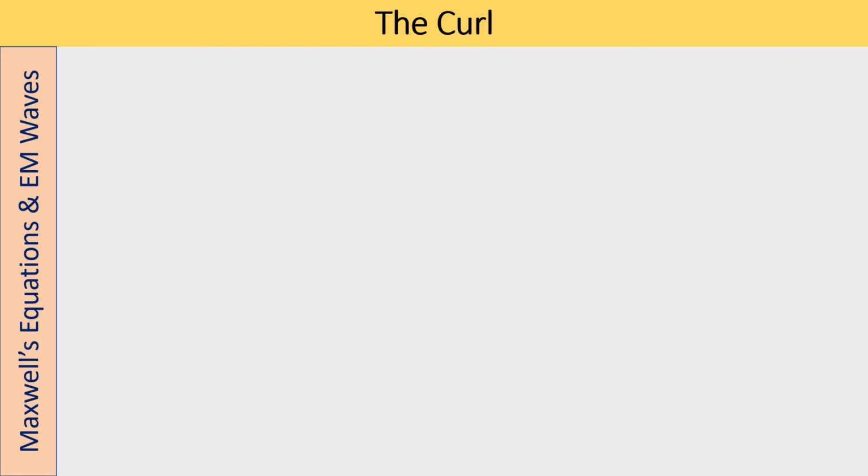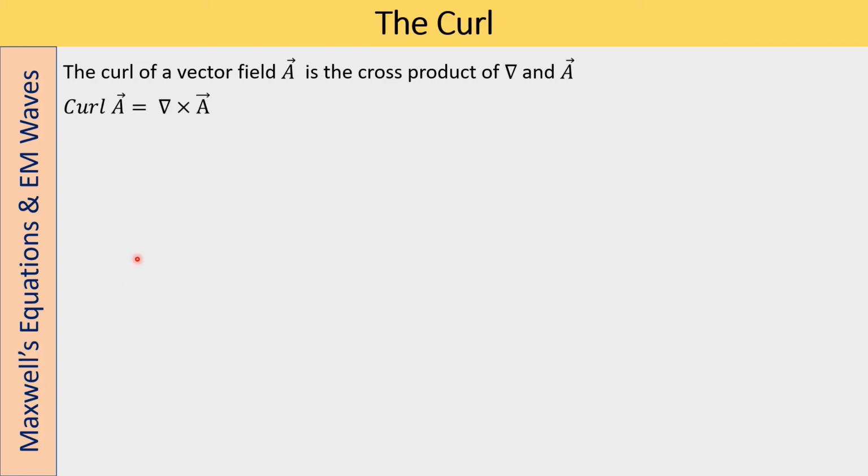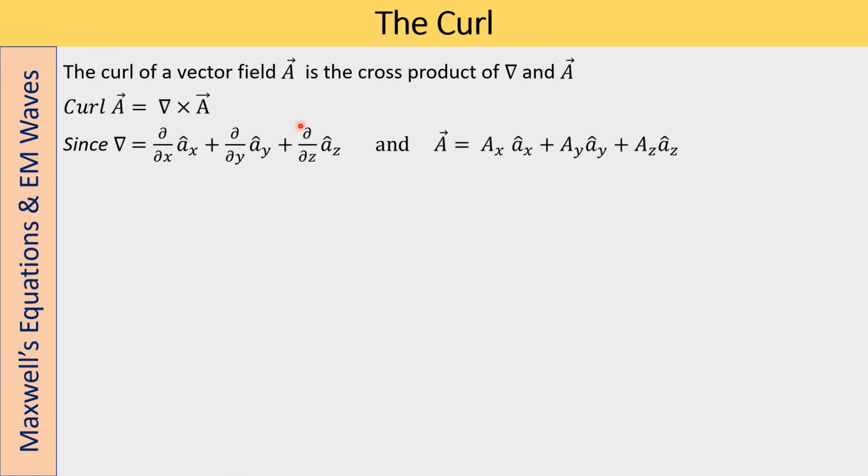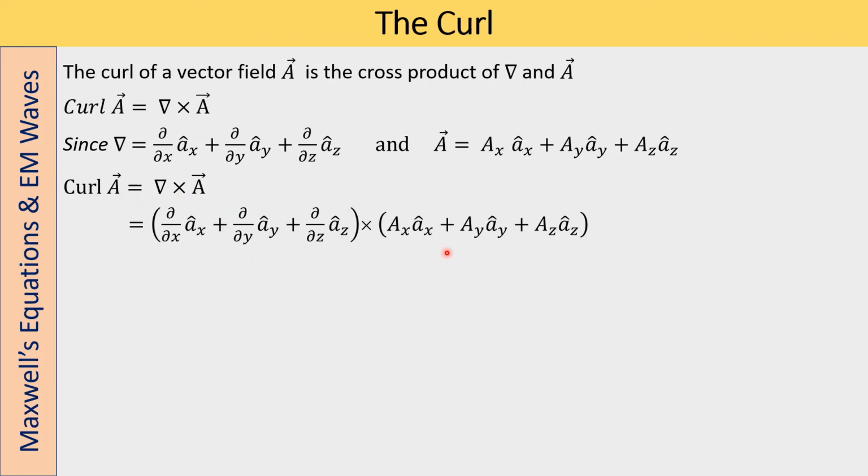The curl. The curl of a vector is the cross product of the mathematical operator del with the vector A. So curl A is equal to del cross A. We can substitute for del and A, and so curl of A can be written as the determinant of these.